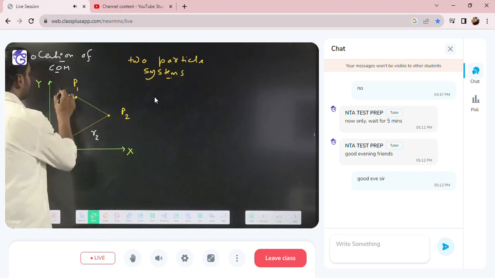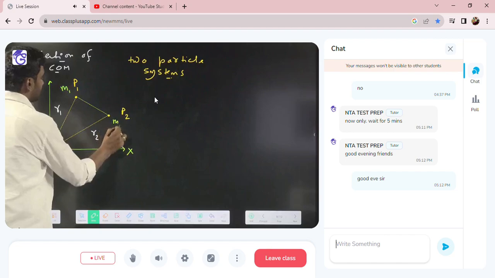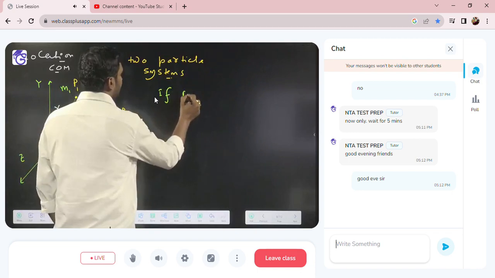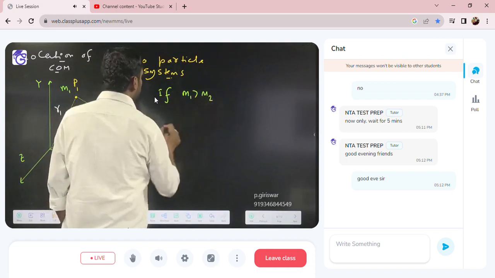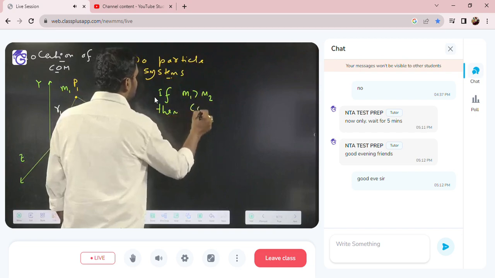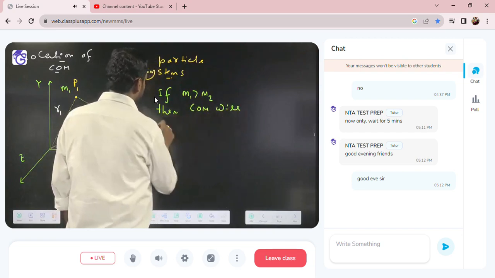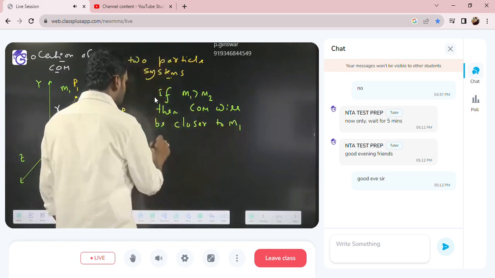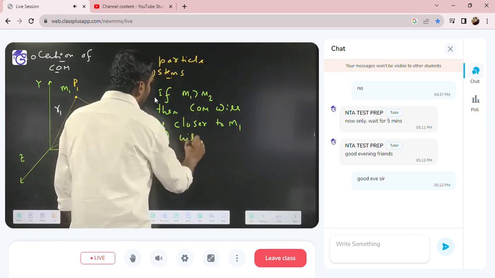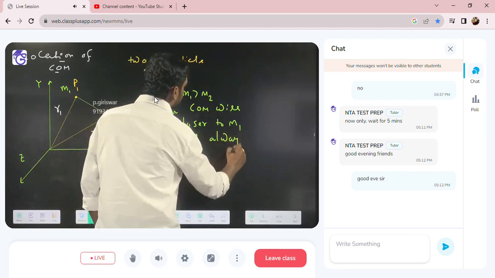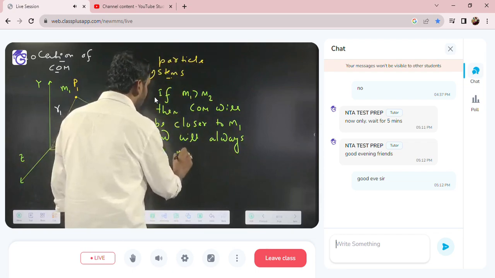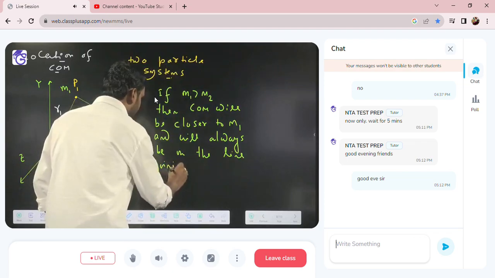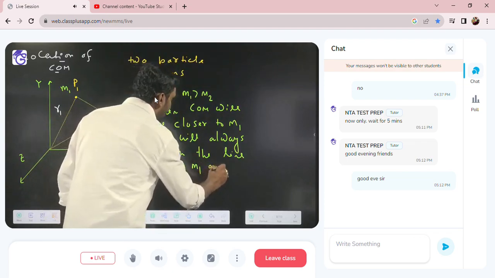If I take this mass as m1 and this mass as m2, and if m1 is greater than m2, then C.O.M will be closer to m1 and will always be on the line joining m1 and m2.